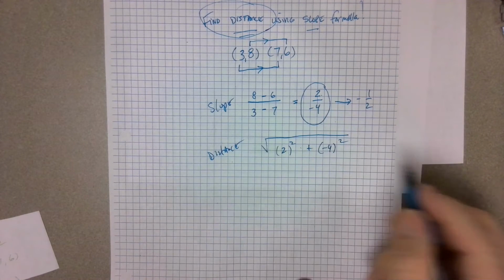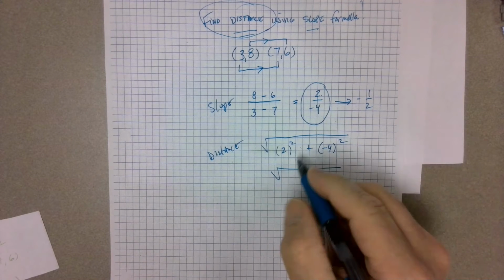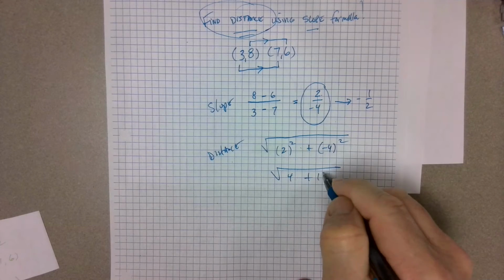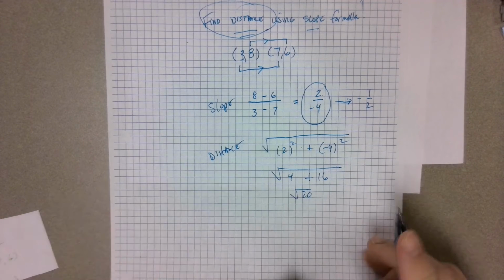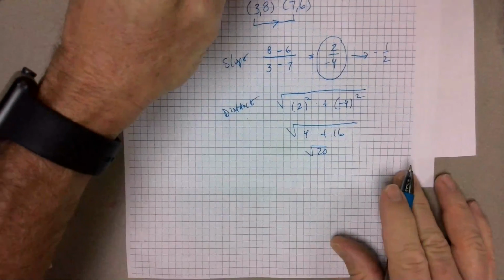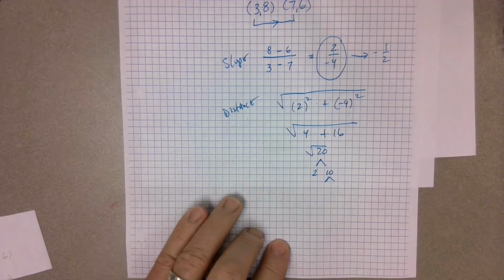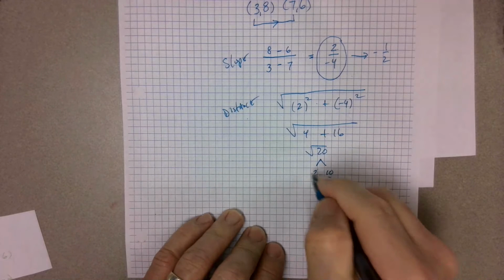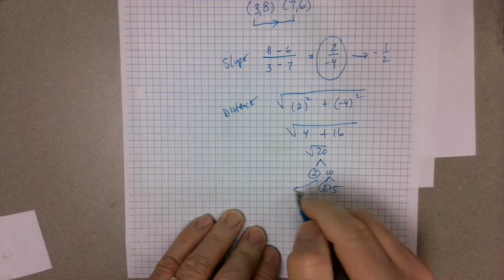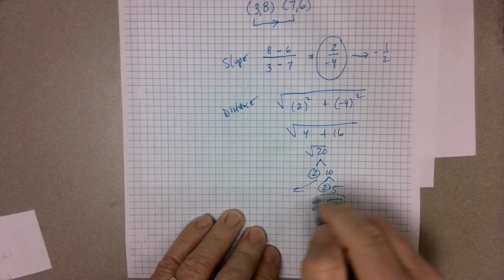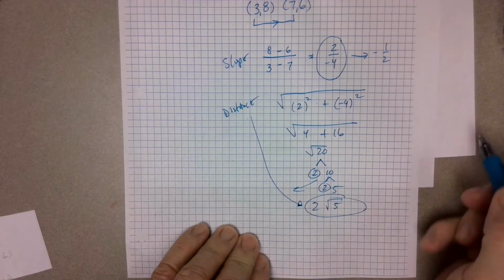Okay, and so the distance in this case would be 4 plus 16. It's the square root of 20. And when you simplify the square root of 20, you would take the 2 out, it would be 2 root 5. The distance is 2 root 5.